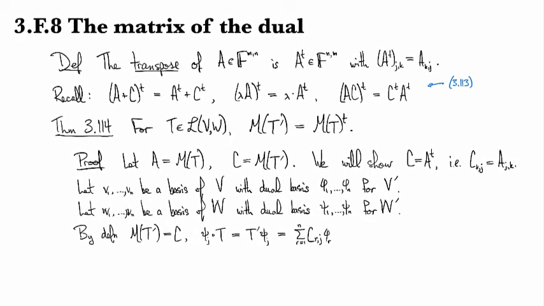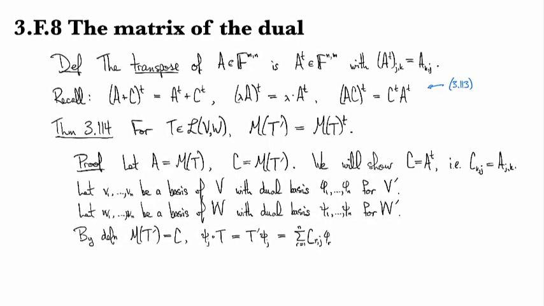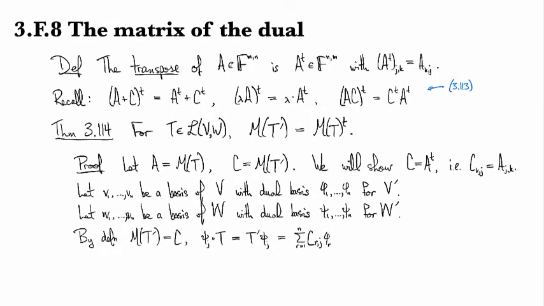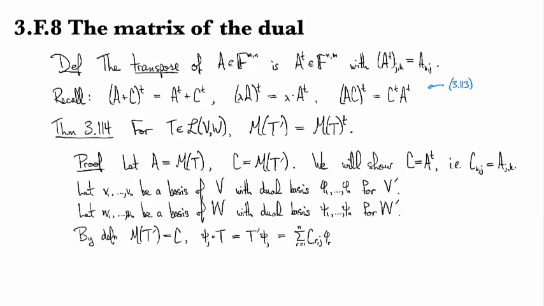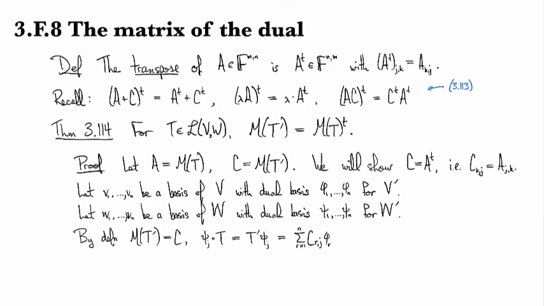Hold on just a sec. Wait. Phi or psi? We're going from W prime to V prime, and the basis of V prime is the phis. Okay. So we've got this right.